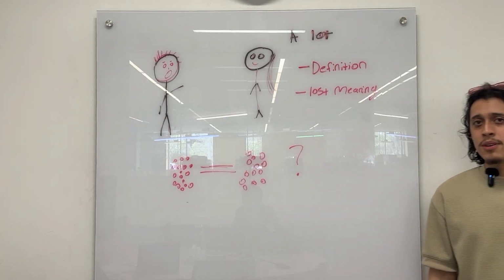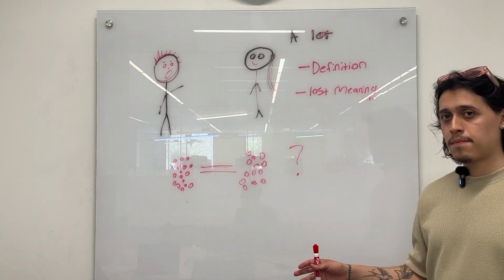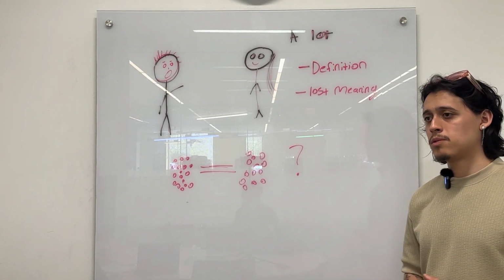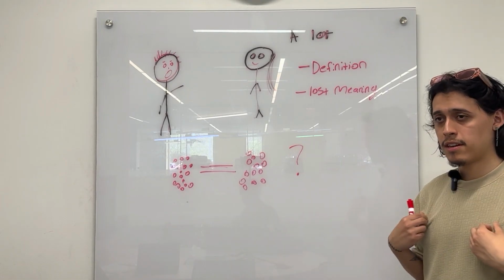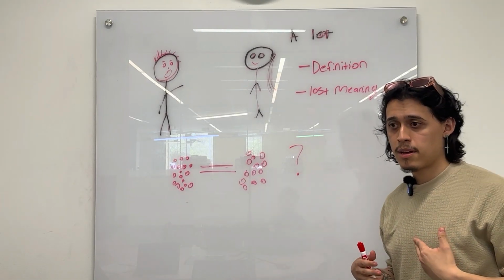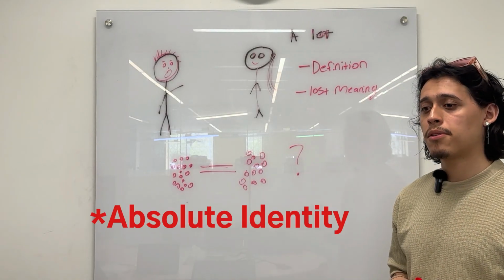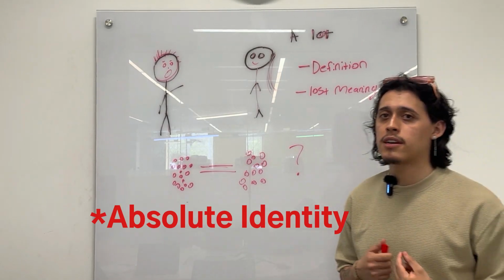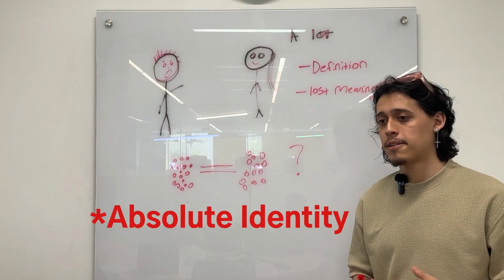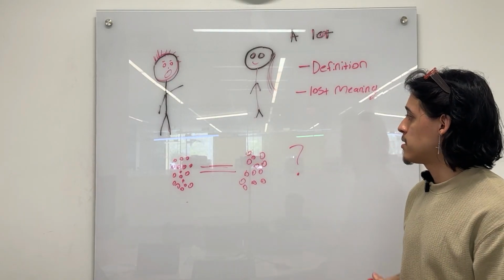Okay, so now we're going to talk about some of the reasons why we would accept relative identity and reject absolute identity. The first problem has to do with vague concepts and the loss of meaning. So let's take a couple examples.